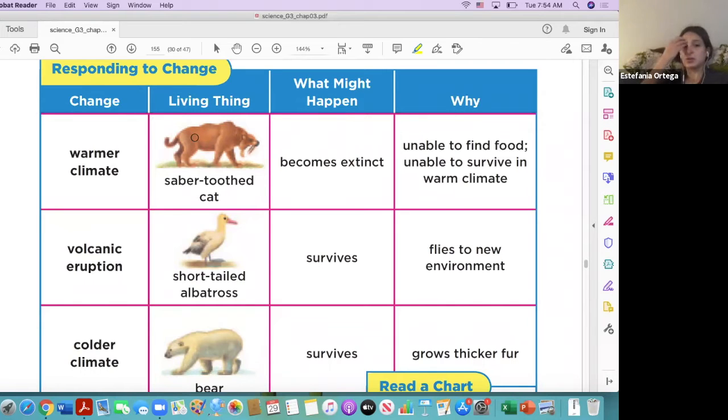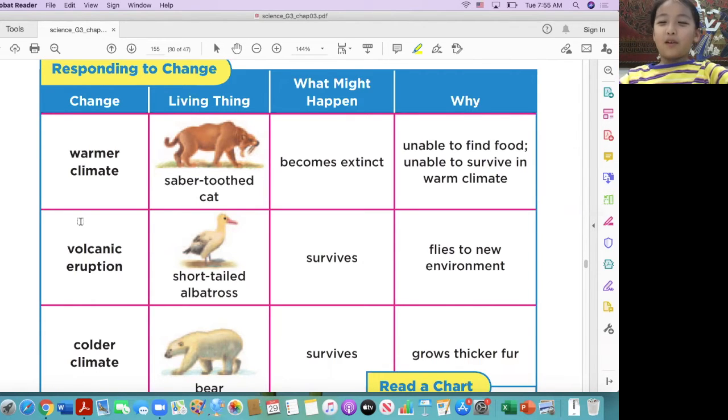So what about the short-tailed albatross? What change happened? Volcanic explosion. Volcanic eruption, right? Okay. Survive. So it might survive. Why does it survive? Fly to a new environment because it has wings. All right, good.